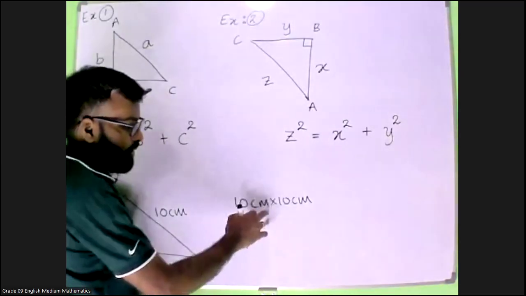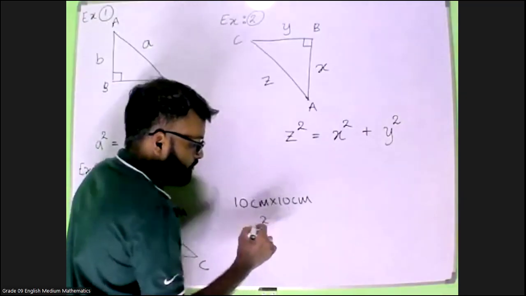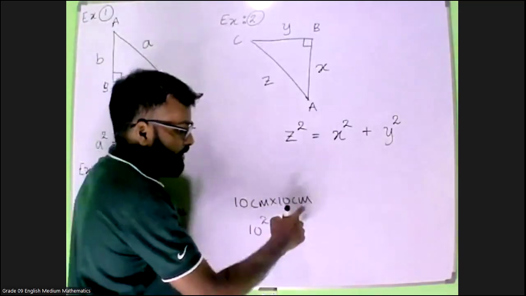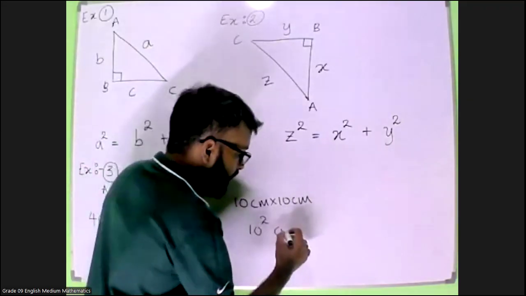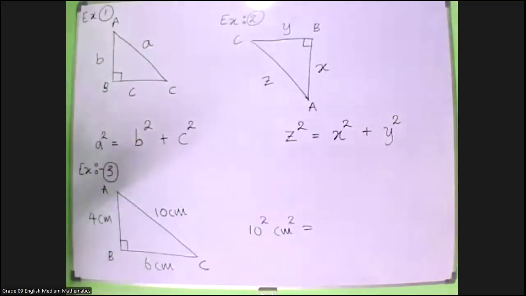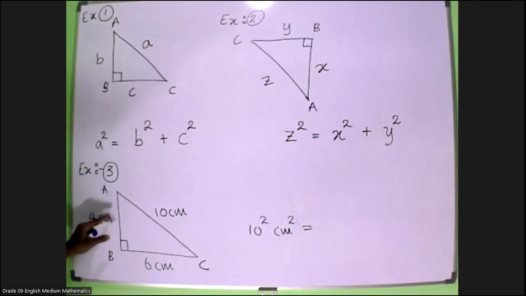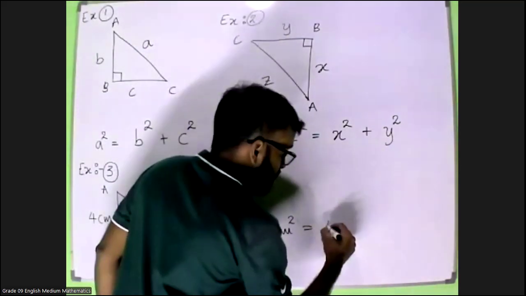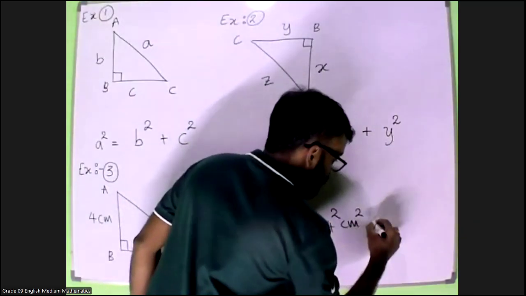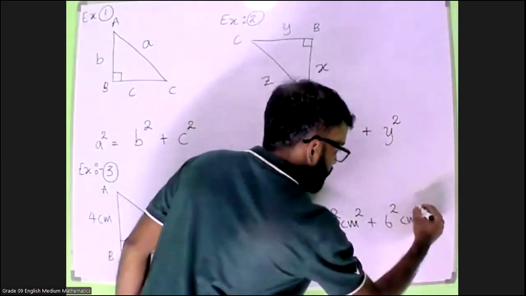That means 10 times 10, 10 to the power 2, and centimeters times centimeters, centimeters to the power 2, is square centimeters, equals the summation of the squares of the other two sides. 4 to the power 2 centimeters to the power 2 plus 6 to the power 2 centimeters to the power 2.